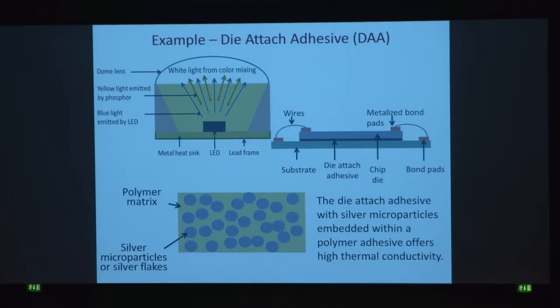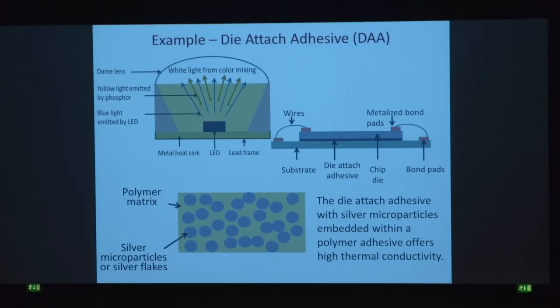Now, let's look at an example that we have already commercialized. This is the LED light, and the gallium nitride chip is in the middle. It emits blue light. With the phosphor, we get yellow and we get white. The chip is attached to the substrate by what we call the die-attach adhesive.